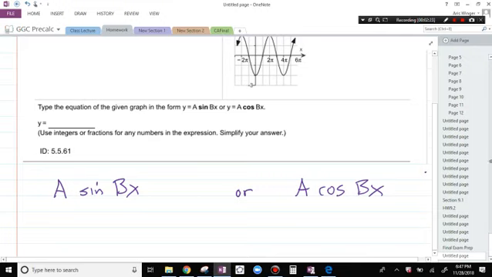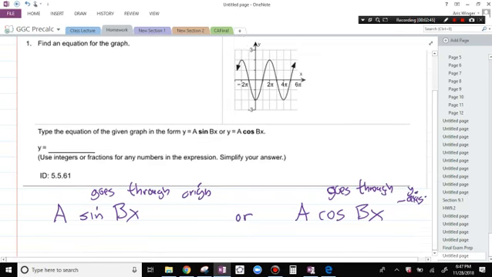The way that you know is that the sine goes through the origin, and the cosine goes through the y-axis somewhere else. Therefore, what is this one going to be? Cosine. This one's cosine, right? Because it doesn't go through the origin.